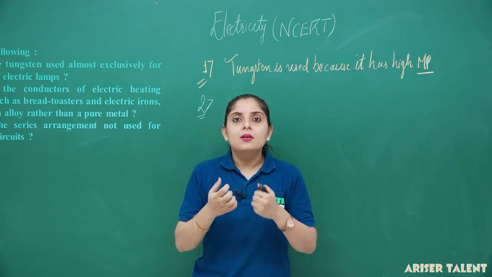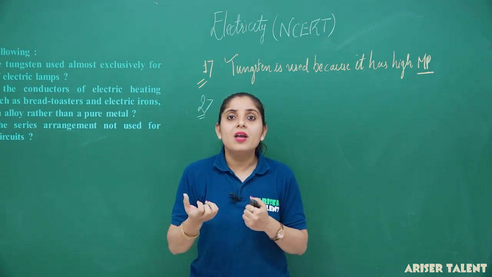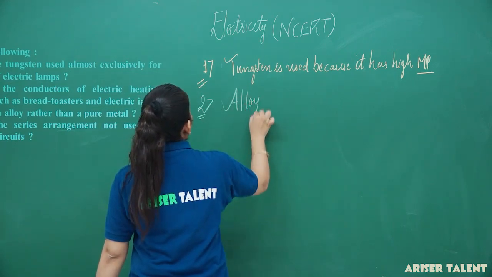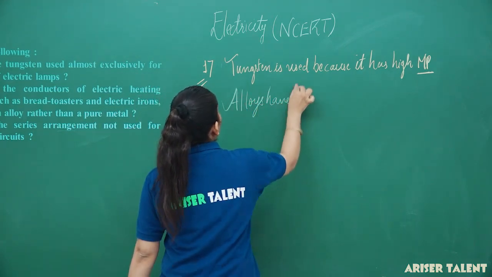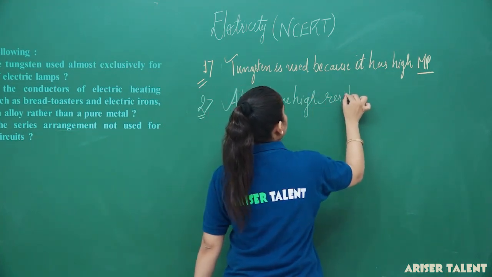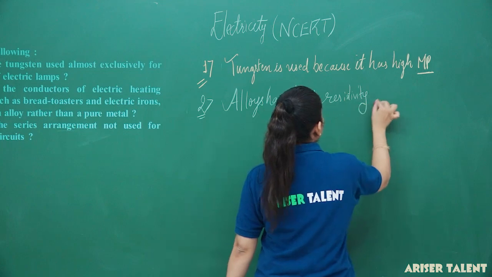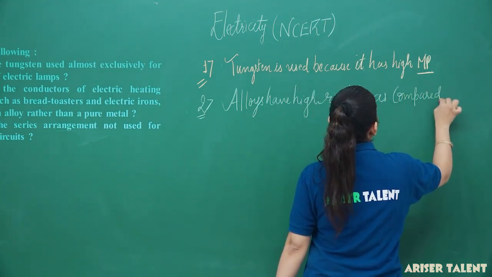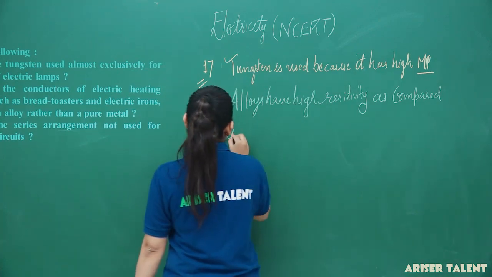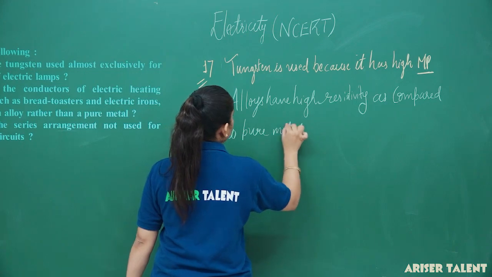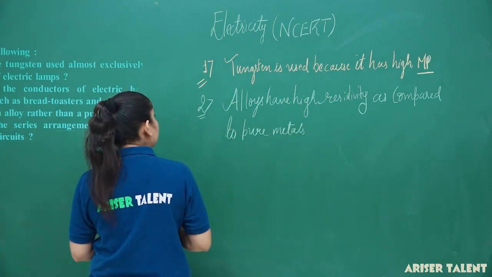So they will not melt very easily because they have high resistivity. So the reason is alloys have high resistivity as compared to pure metals.